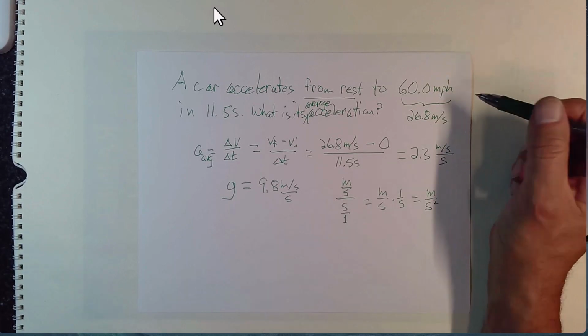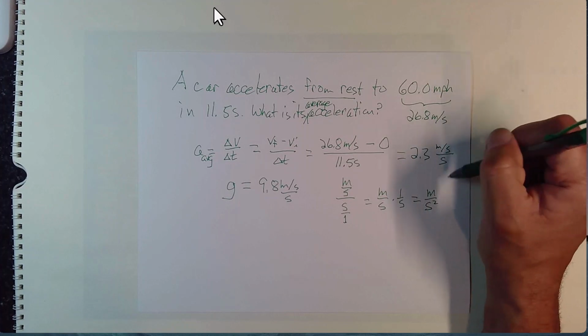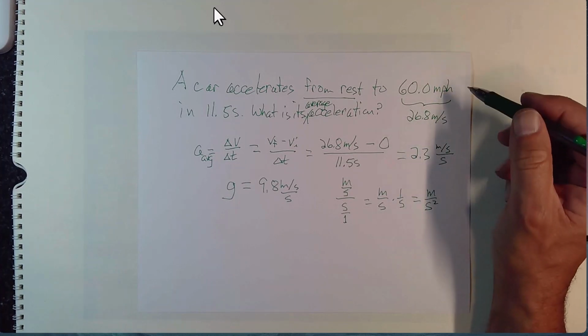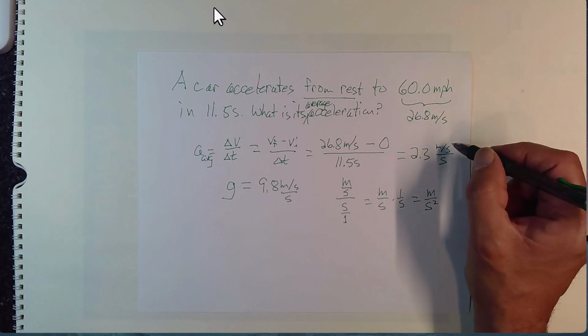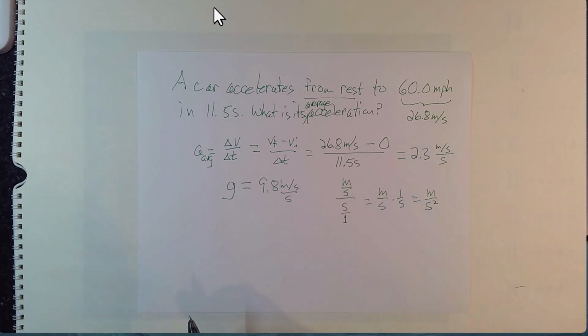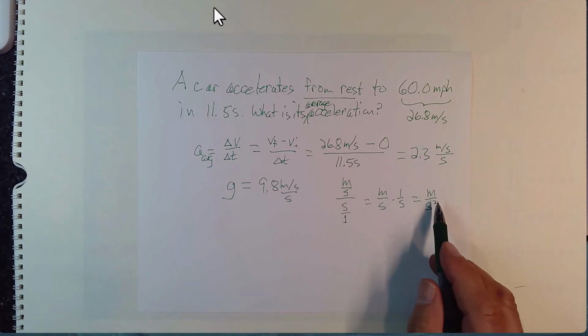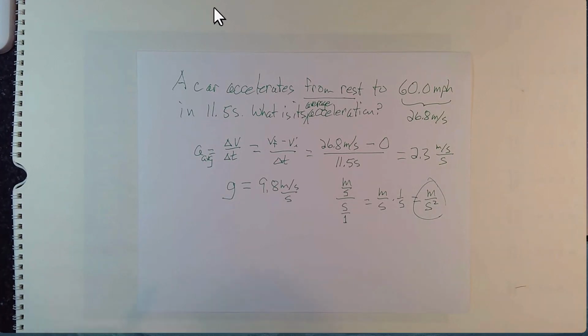If you were doing this in miles per hour, you'd have miles per hour second, and so that'd be kind of confusing. It might be better to think of it as just miles per hour on top and seconds on the bottom. But meters per second squared is our usual unit for acceleration.